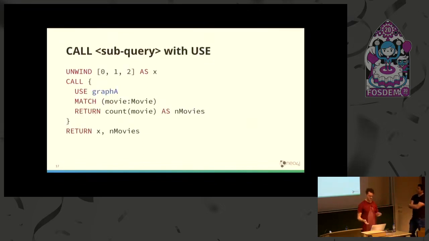These can then be combined in interesting ways. We can have the USE clause, of course, to dictate on what subgraph the subquery should execute against. In this case, we just go to some graph A for the duration of this subquery, and then we return to the outer context once it's finished executing.